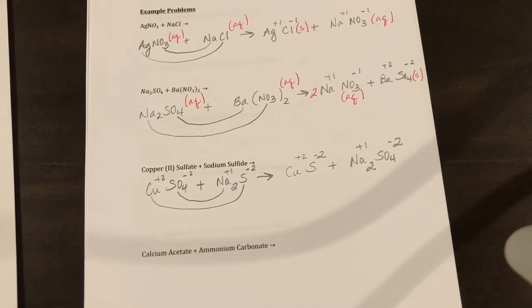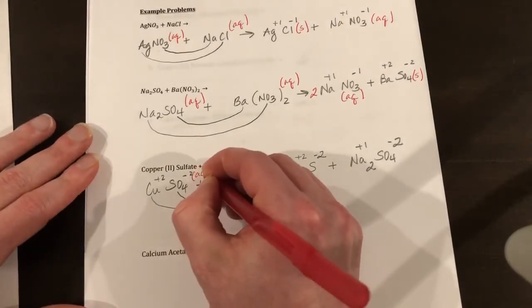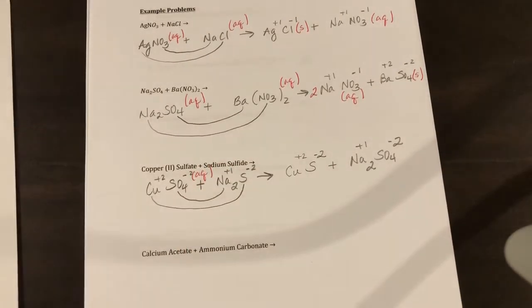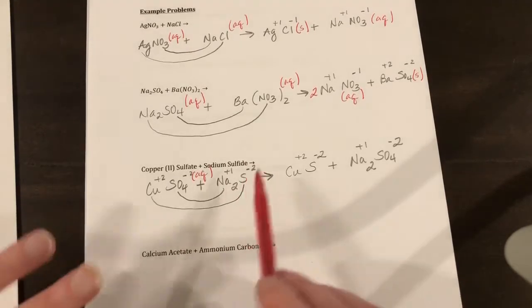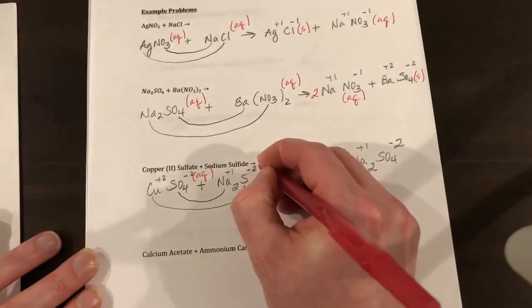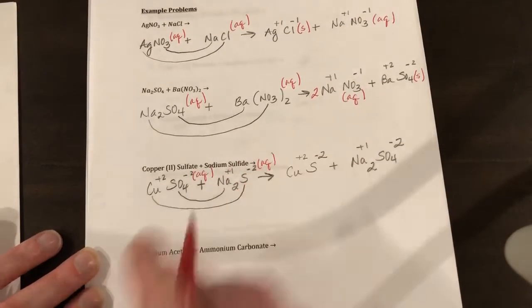All compounds containing sulfate, SO4, are soluble except for strontium, barium, mercury, lead. So this is going to be soluble. All compounds containing S are insoluble except for NH4, group 1, calcium, strontium, barium. Na is in group 1, so it's going to be soluble.